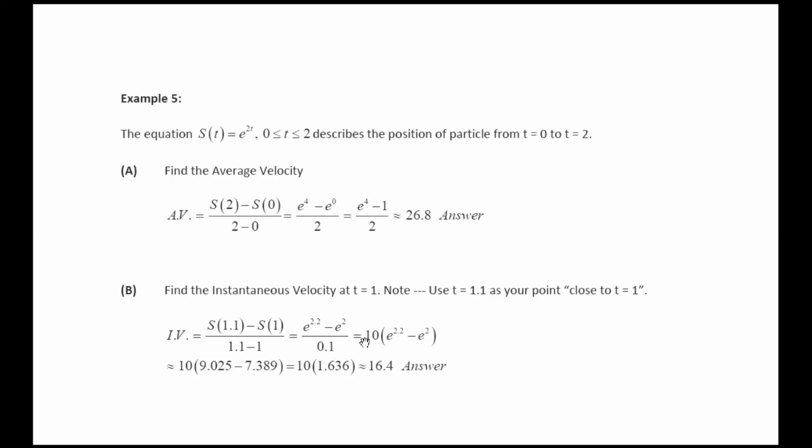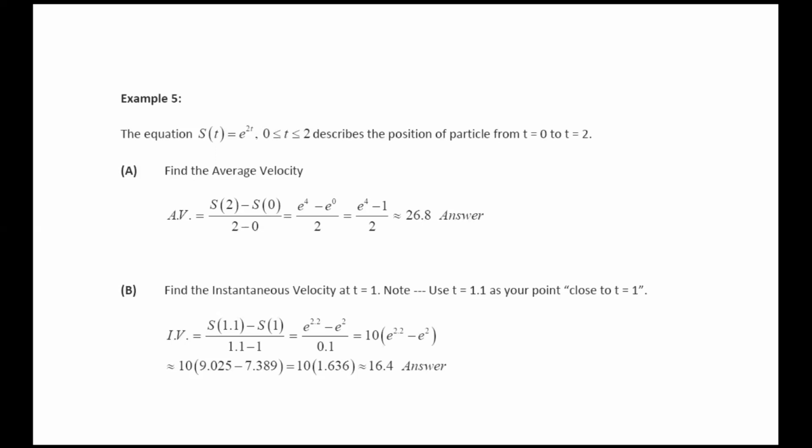And you can write this because this is dividing by 1/10, which means multiply by 10. Now that's your instantaneous velocity, an approximation of it. Even that's not the exact instantaneous velocity. We're not finding in this lesson the absolute instantaneous velocity.